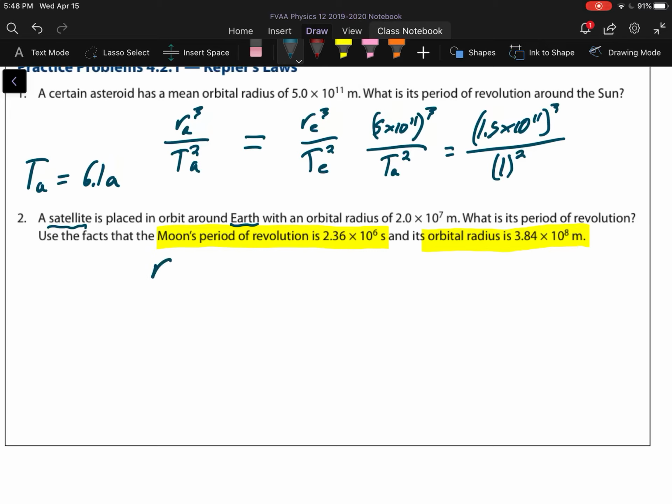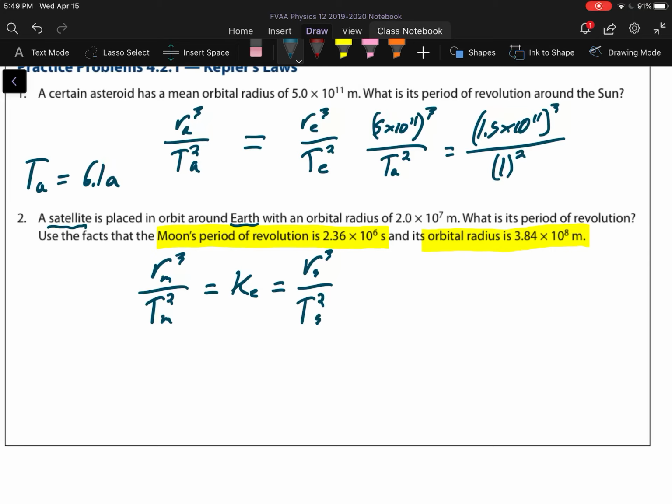So the r cubed of the moon over the period squared of the moon is equal to the K value for Earth, right, which is equal to the radius cubed of the satellite over the period squared of the satellite. All right, so since they're both equal to the K of the Earth, they're both equal to each other. I can fill this in here.